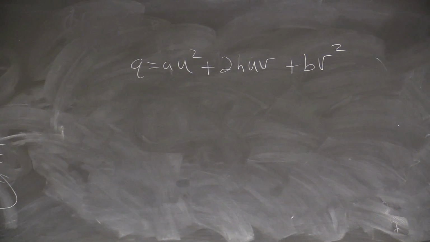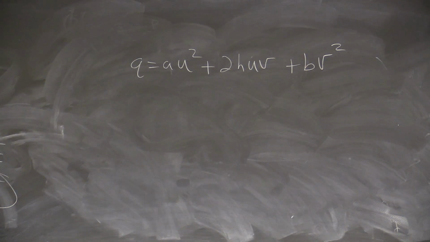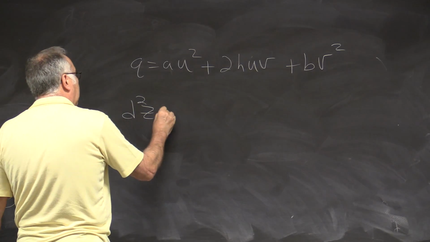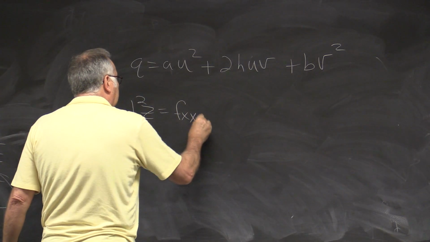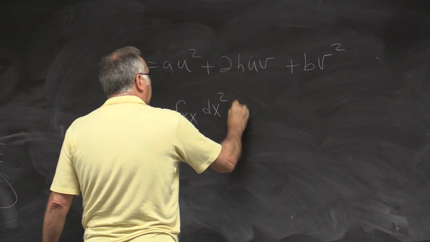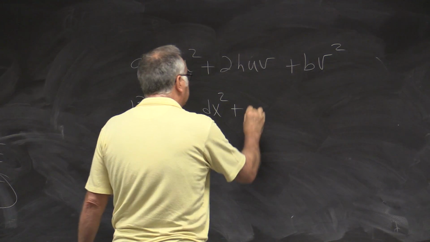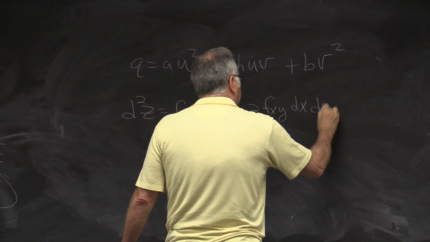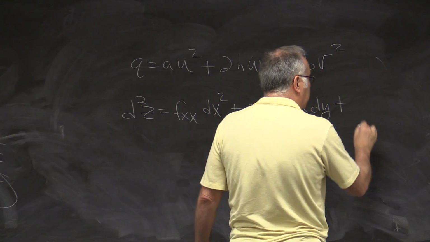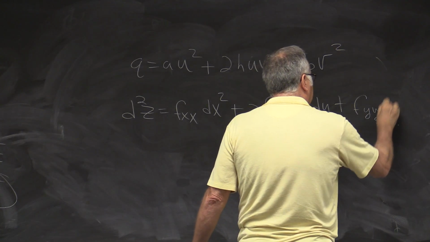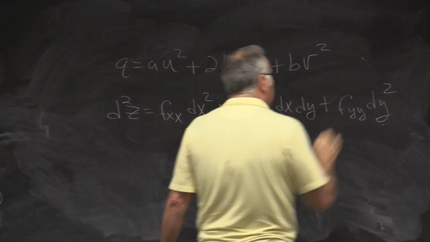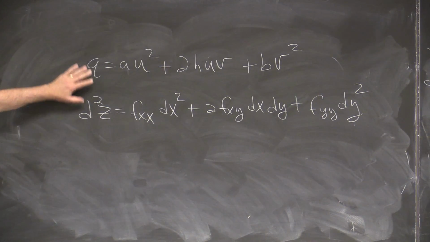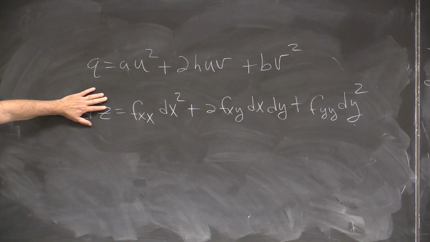And right below it, let's write our expression for the second order total differential. And you see, rather than Q here, we have this second order total differential.